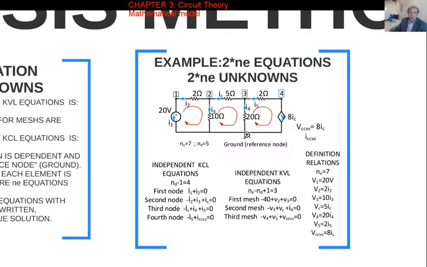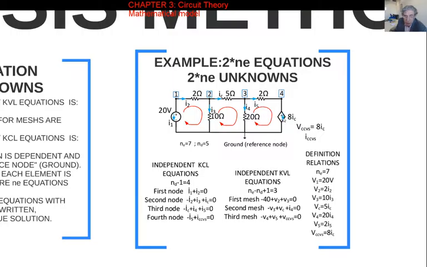This circuit has resistors and one dependent source. This dependent source is a current controlled voltage source. Why is it a voltage source? Because this dependent source has the diamond form and the voltage reference is given.